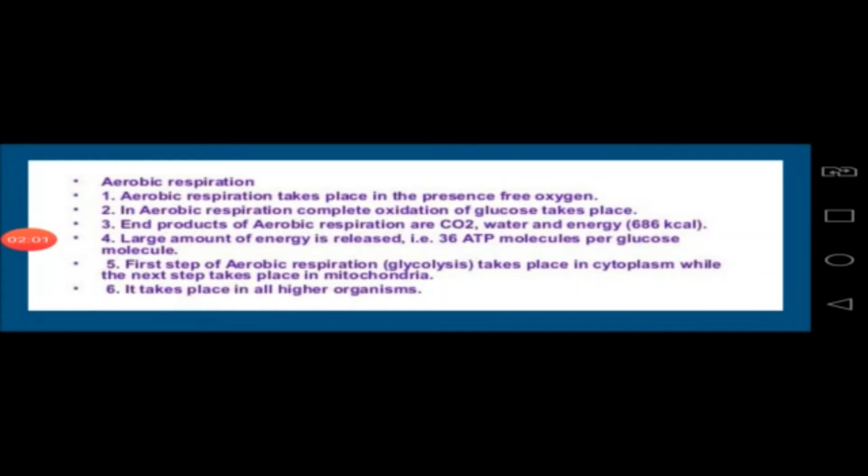The first step of aerobic respiration takes place in the cytoplasm, while the second step takes place in mitochondria. This process, that is aerobic respiration, takes place in all the higher organisms.